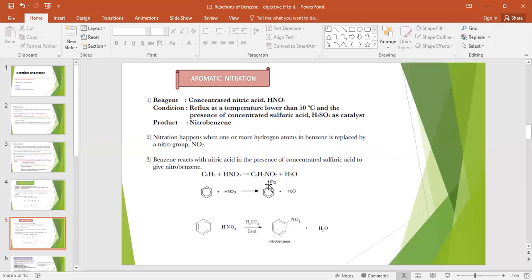This NO2 is the nitro group, so we call it nitrobenzene. The name is given here, nitrobenzene. And the hydrogen from here, one oxygen from here and one hydrogen from here will form a water molecule. So formation of nitrobenzene is called nitration of benzene. This is the second type of reaction.